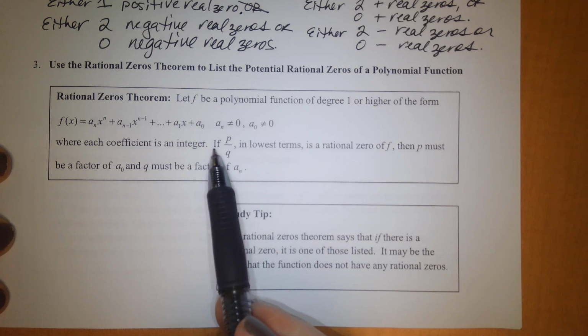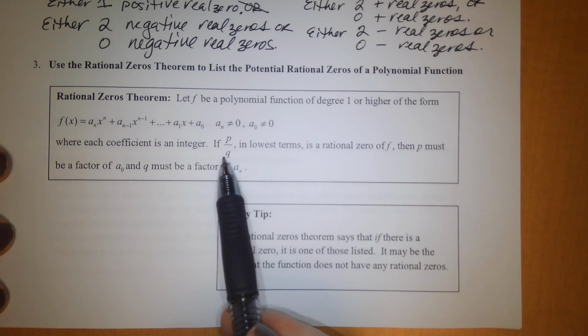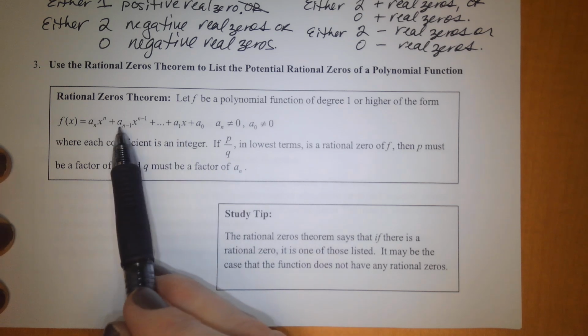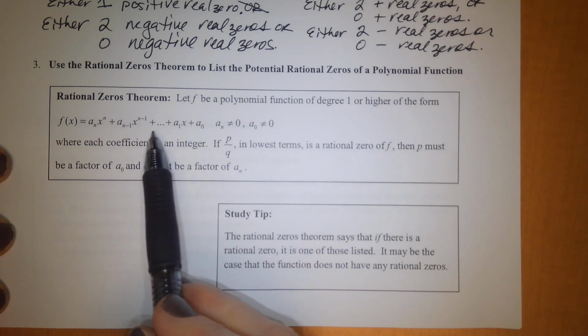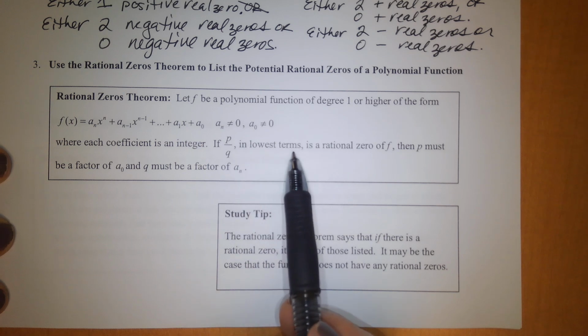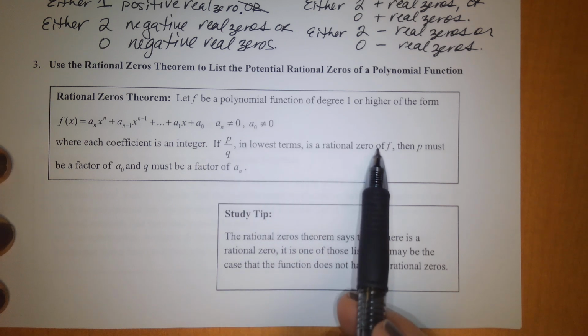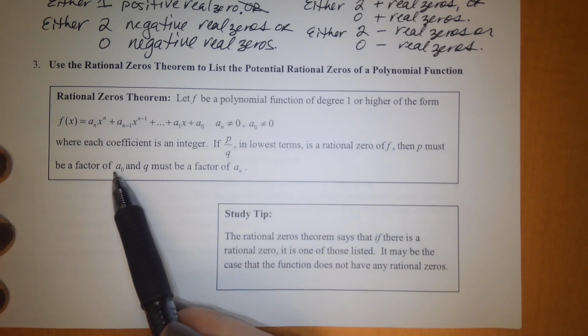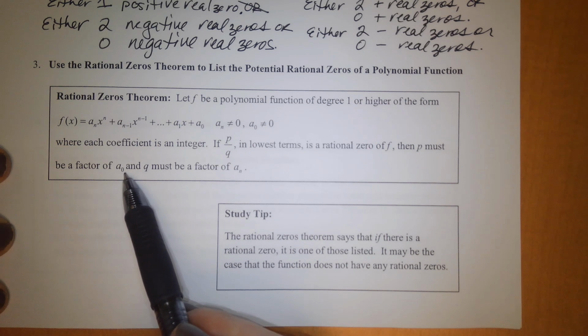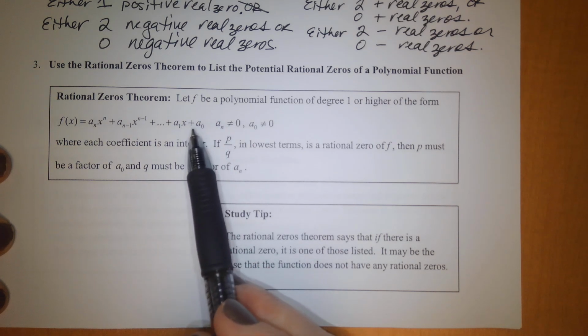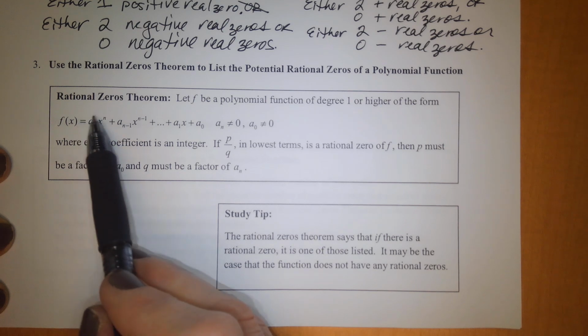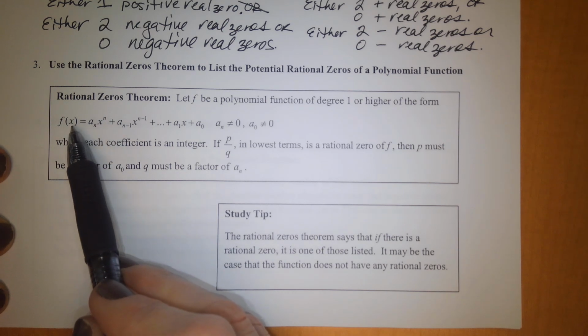Now, p and q are going to be parts of the coefficients in this rational function, and if it's in lowest terms it's a rational zero of f, then p must be a factor of a sub 0, which is the last term. q must be a factor of a sub n, which is the first term.